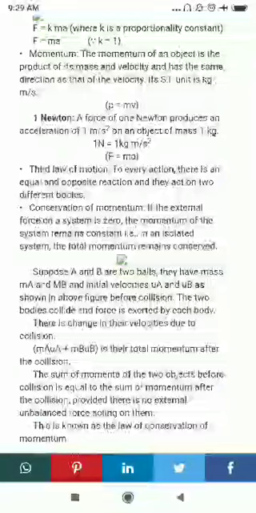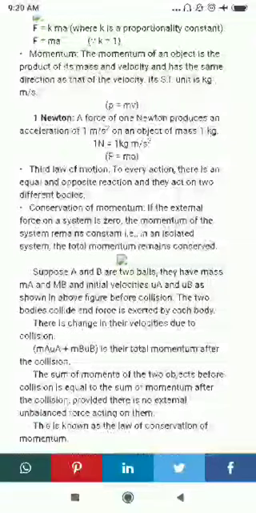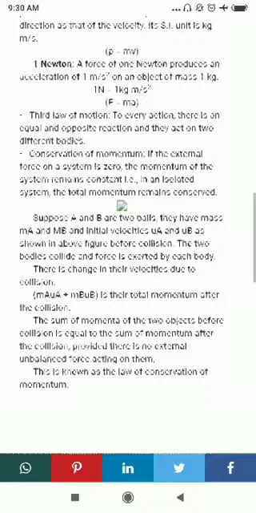MAUA plus MBUB is their total momentum before the collision. The sum of momentum of the two objects before collision is equal to the sum of momentum after the collision, provided there is no external unbalanced force acting on them. This is known as the law of conservation of momentum.